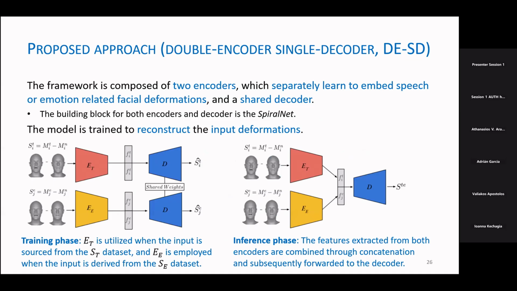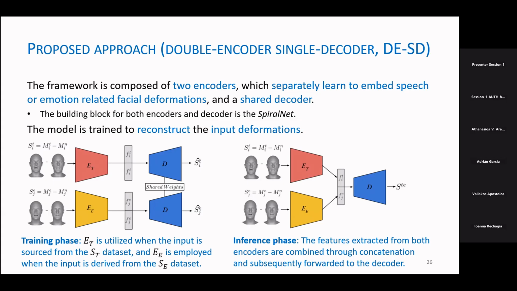And so this is the architecture that we proposed in this work, which is something original and is probably the main contribution of this work, because you see, basically we have two encoders and one decoder.